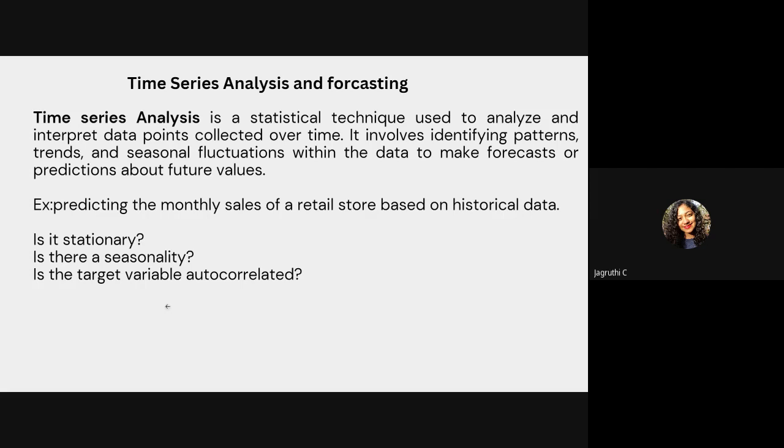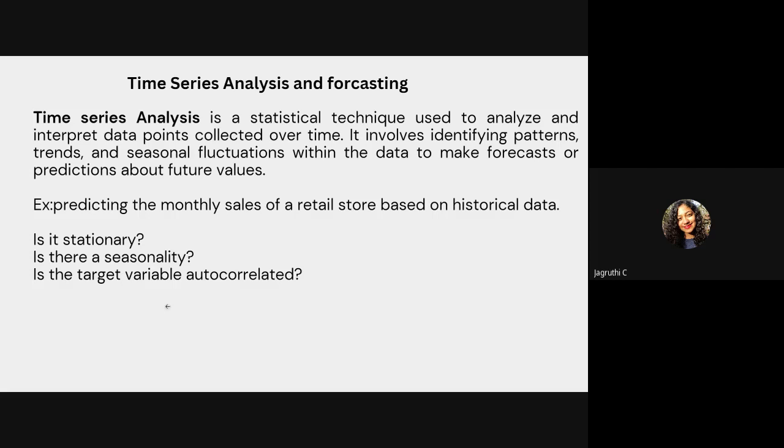You'll also be looking at a couple of other things when you talk about data points collected over time. They can either be stationary, or there could be seasonality. What I mean by seasonality is, just to give you a small example, if you take e-commerce data, you can look at a bump in your sales whenever there's a big billion day sale happening, or any sort of thing.